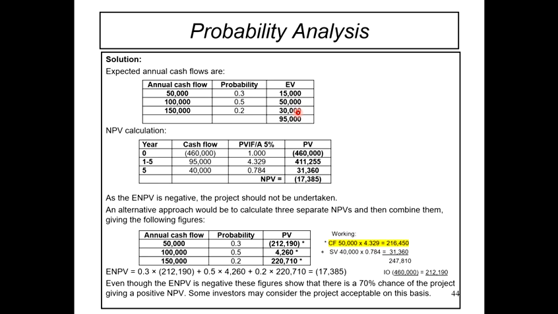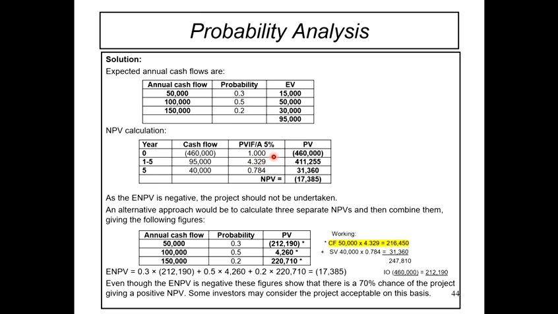So again, macam mana you nak kira NPV? First ambil initial outlay, initial investment. Okay, initial investment tu 460,000 lah. Dan you kena darab dengan PVIF. Ni satu je lah. So you akan dapat PV. Untuk year 1 until year 5, kita akan ambil expected value yang kita kira ni, 95,000. You akan darabkan dengan PVIFA.